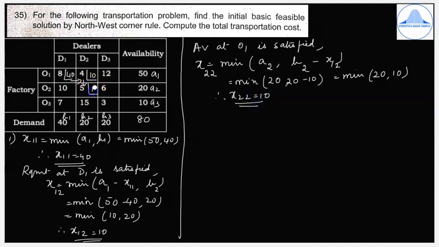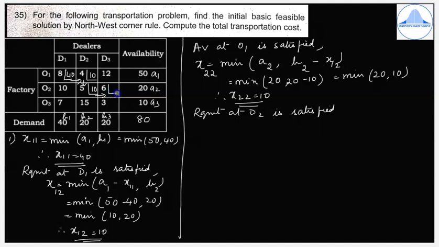Next write 10 here. So this 10 doesn't match with 20, but 10 plus 10 is 20. And you see that the requirement at D2 is satisfied. So whenever requirement is satisfied, how should you move? You have to move to the right side.